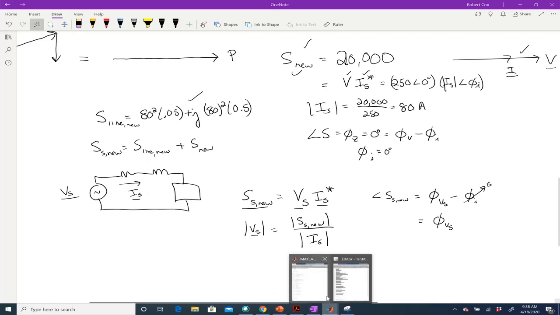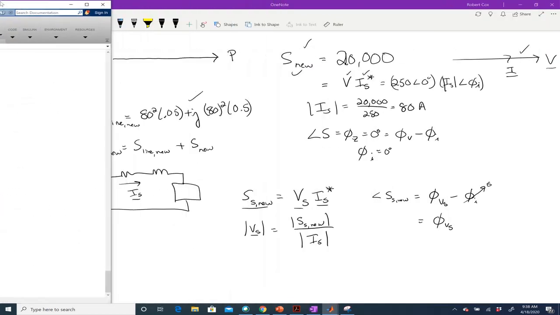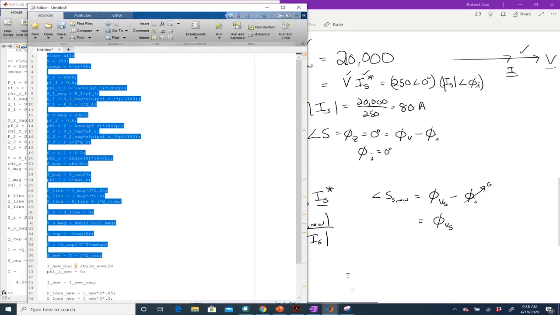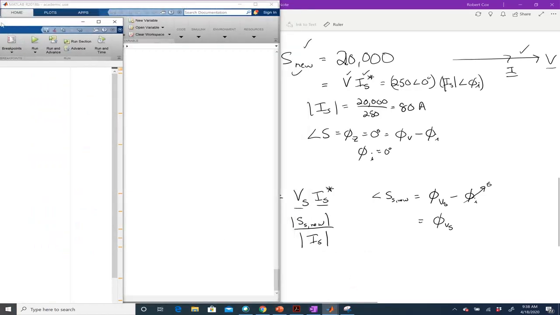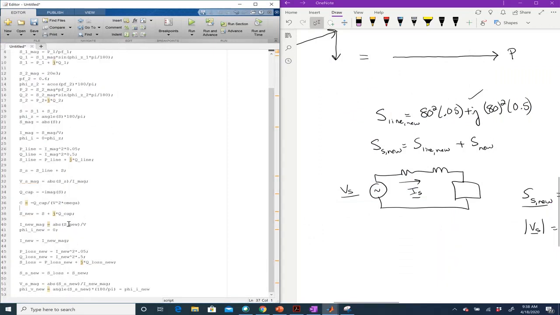So if I go to my MATLAB, I go to my script over here. Here's where I calculate the magnitude of the current, by taking the magnitude of the complex power going to the loads and dividing by the voltage.